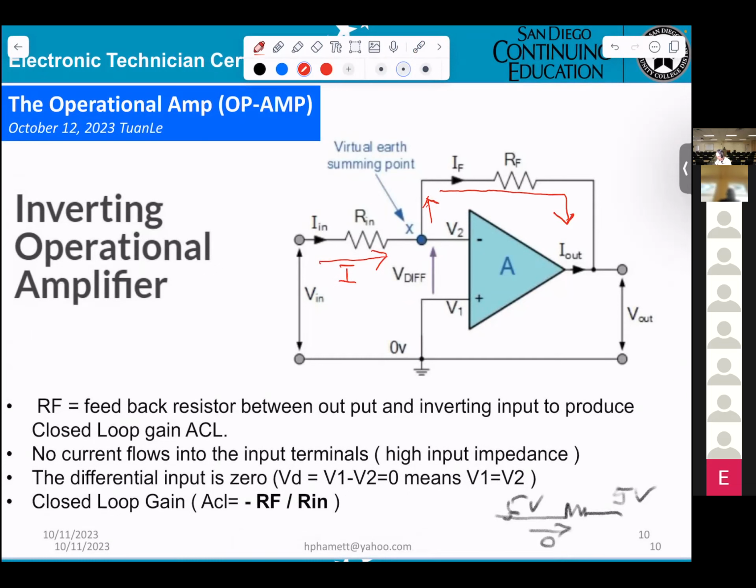First thing I know, when the current is coming in, positive, leaving, negative. So that will tell you that will be negative voltage, and that will be positive voltage. Okay? So this current goes to this point. Where do they go?